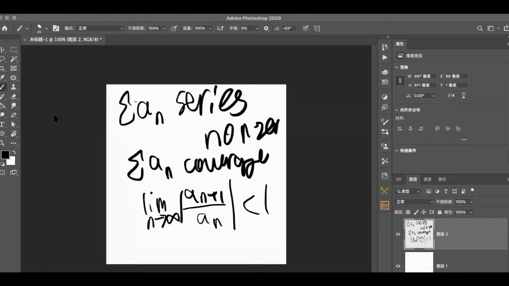And the ratio test has its limitation. It will be inconclusive if this expression is neither bigger than 1 nor smaller than 1, which means it will be inconclusive when it is equal to 1.